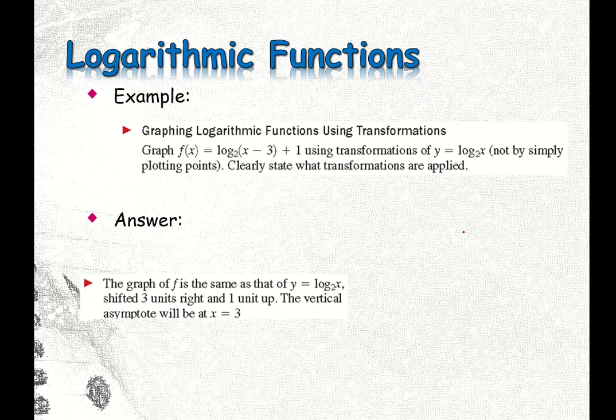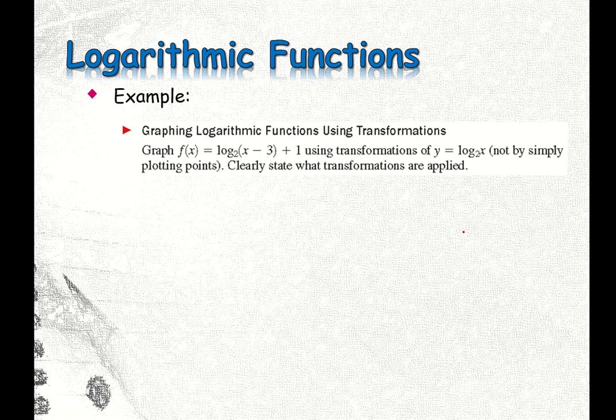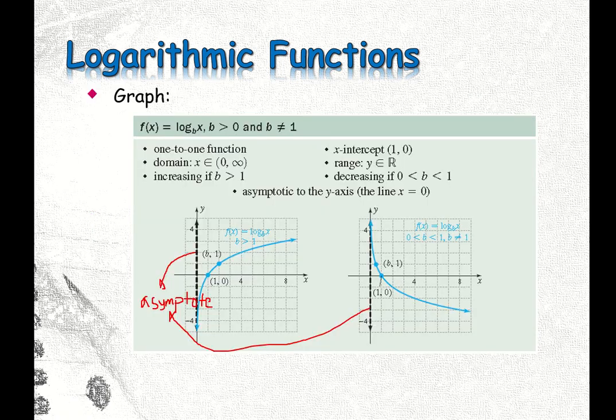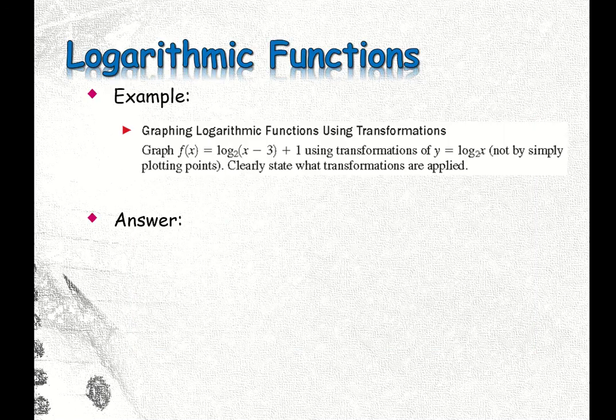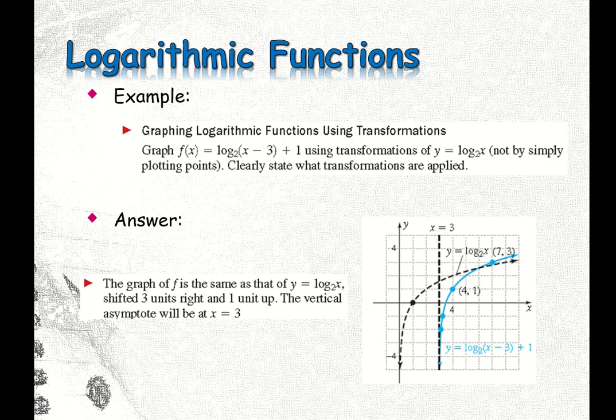So the graph of f is the same as that of y equal to log of x to the base 2. So what is that graph? The base 2 means our b is greater than 1.